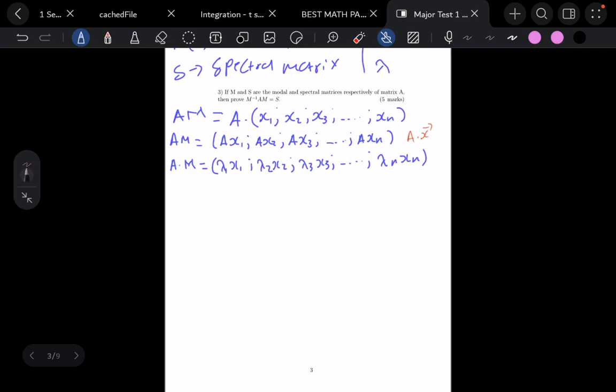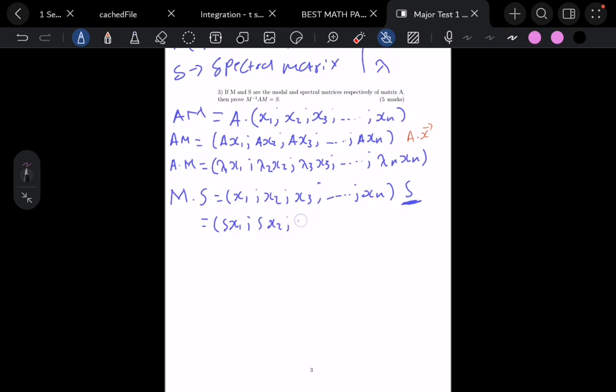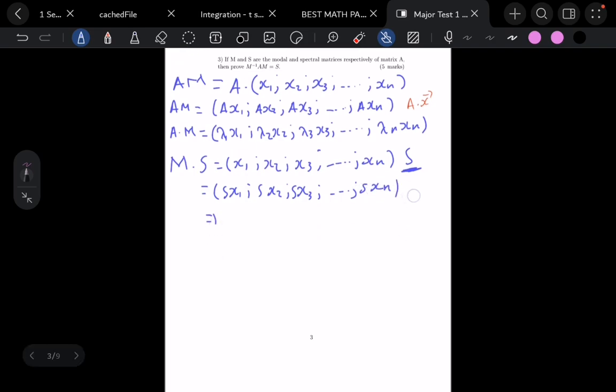The second part, I'm going to say M times S. So your M times S is going to be x1, x2, x3, dot dot dot, xn, times S. And this is an eigenvalue matrix, which is S. So if you say S times x1, S times x2, S times x3, S times xn, I'm still going to get what?